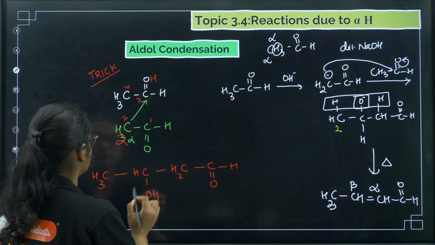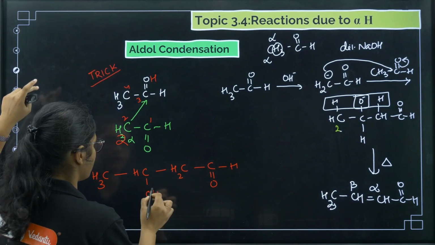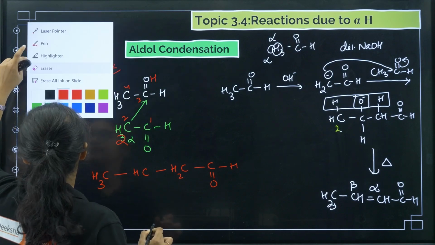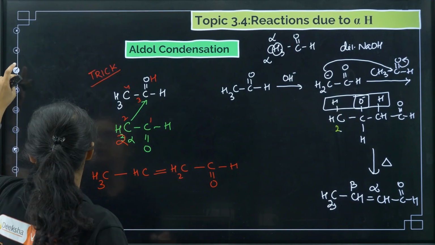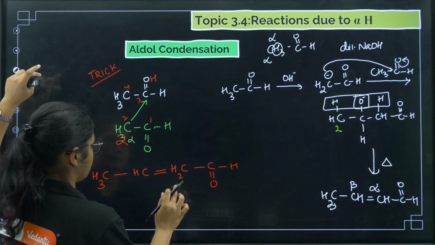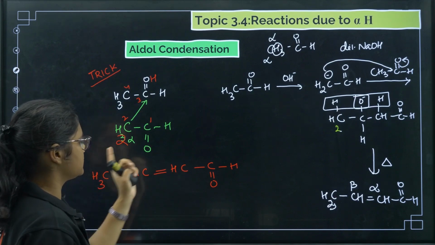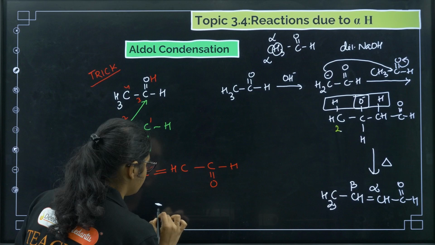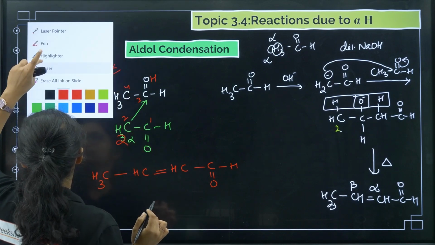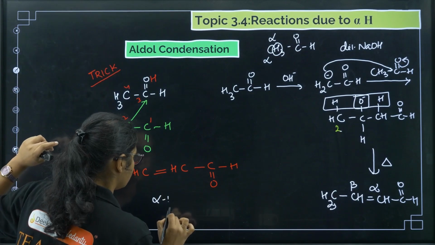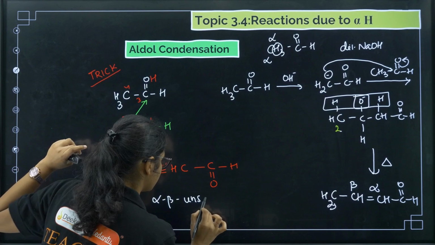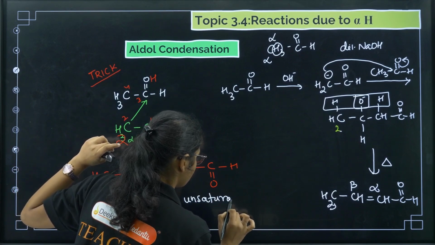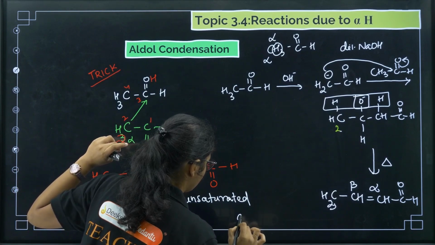As you know, this one will give the more substituted and more stable alkene. So there will be a double bond here and we can make it CH. This will give you alpha beta unsaturated aldehydes.